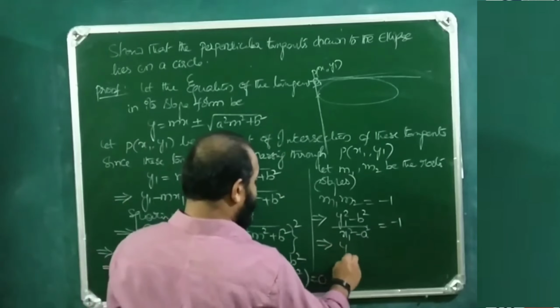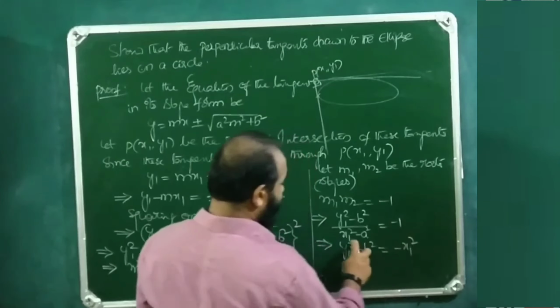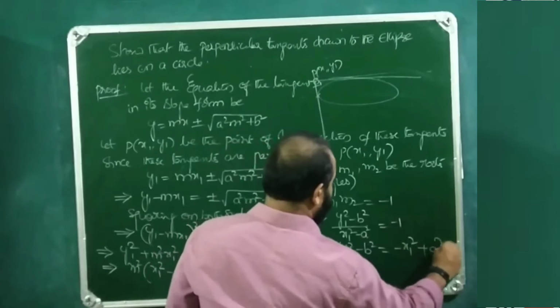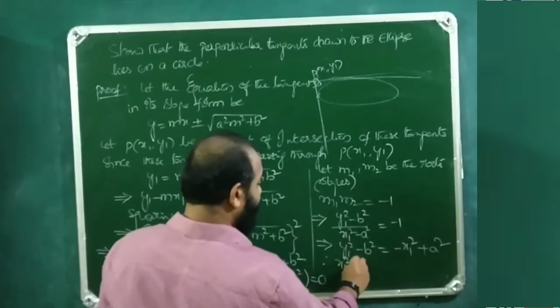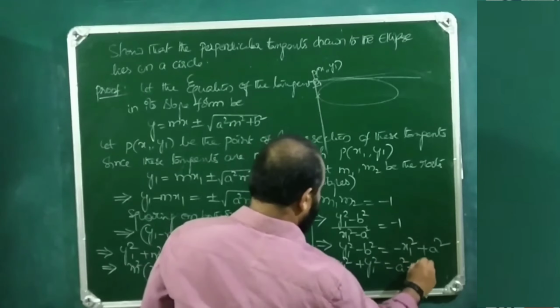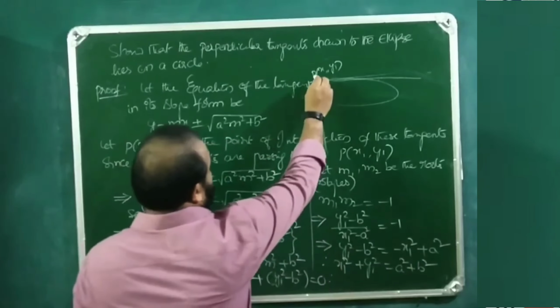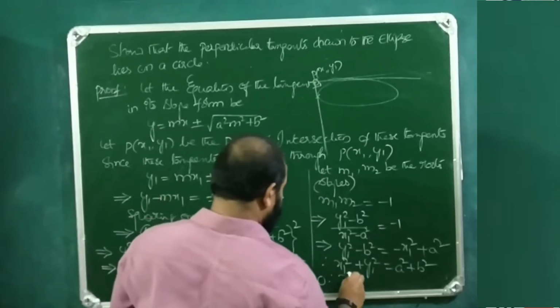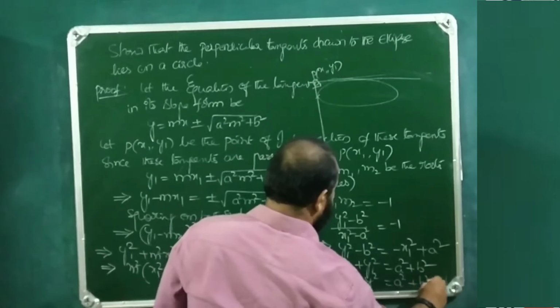So y1 square minus b square equals minus x1 square plus a square. Therefore x1 square plus y1 square equals a square plus b square. Therefore, the locus of P (x1, y1) is x square plus y square equals a square plus b square.